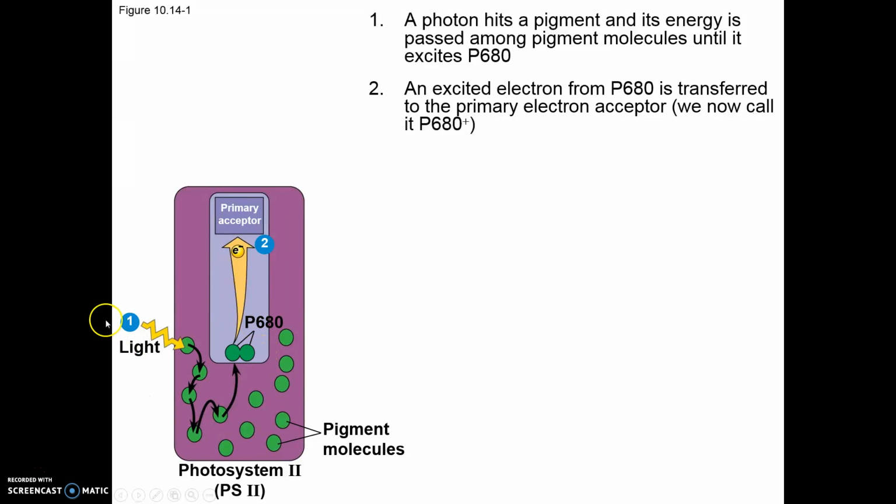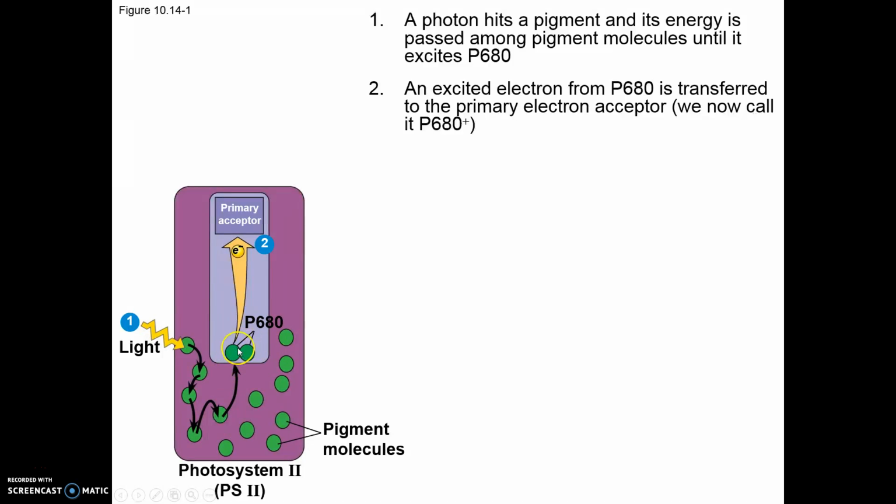So we have photosystem 1, it has all these accessory pigments, and we also have the central chlorophyll molecules. The light shines in, it gets absorbed and it excites electrons. Those collapse back down and release more light.